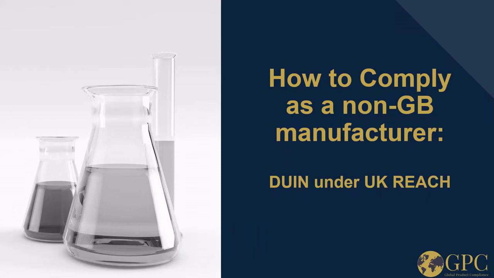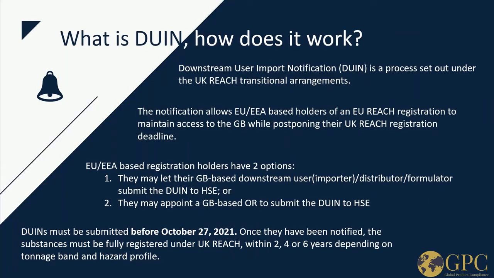So what is then the DUIN under UK REACH? The downstream user import notification is the process set out under the UK REACH transitional arrangements. The notification allows EU and EEA-based holders of an EU REACH registration to maintain access to the GB market while postponing their UK REACH registration deadline. EU and EEA-based registration holders have then 2 options.